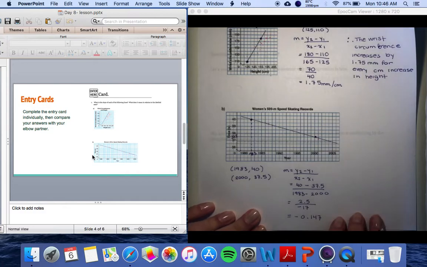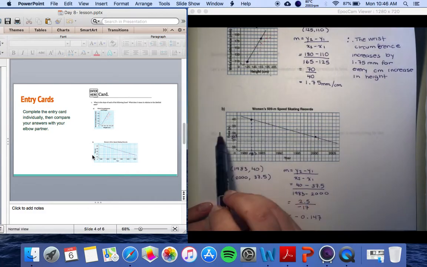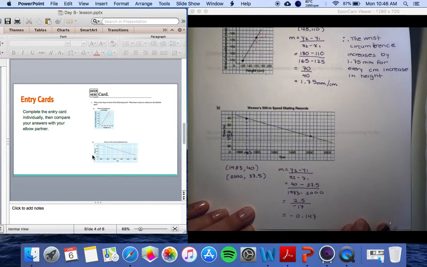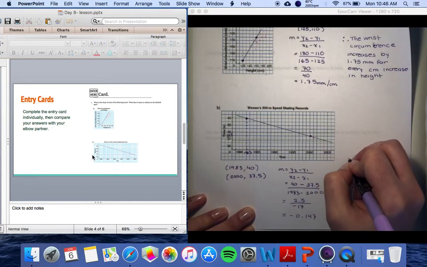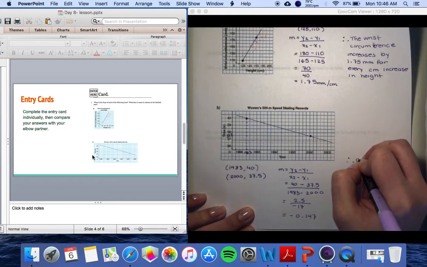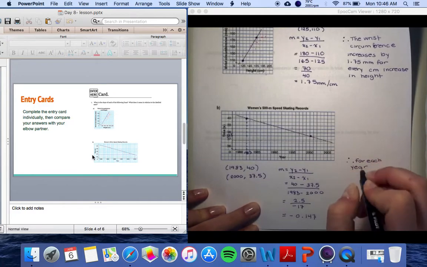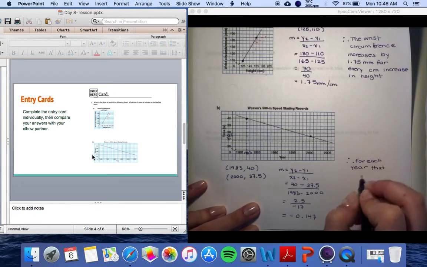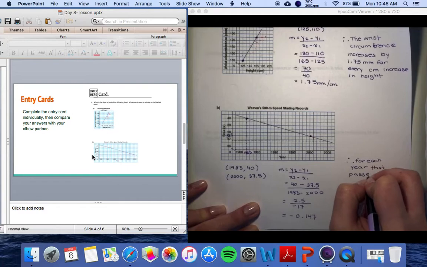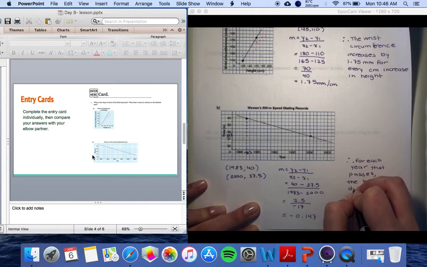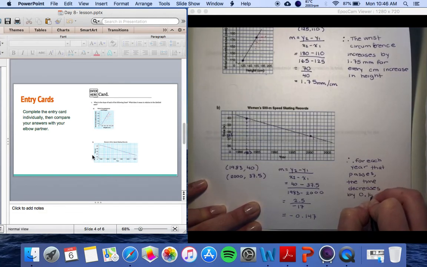So what this tells us, if we're comparing time versus the number of years, in this 500-meter speed skating records, we can say that for each year that passes, the time decreases by 0.147 seconds.